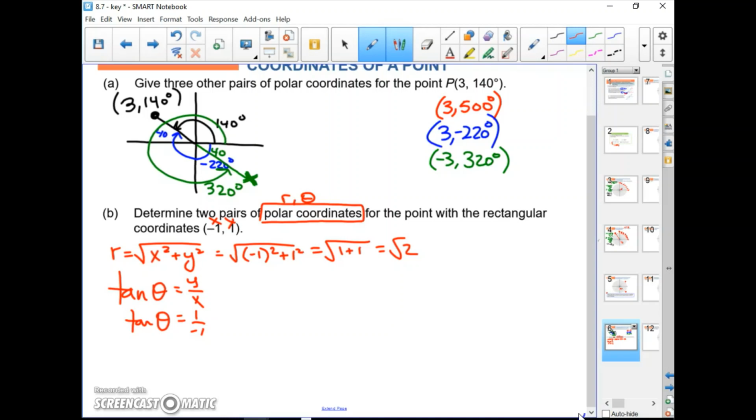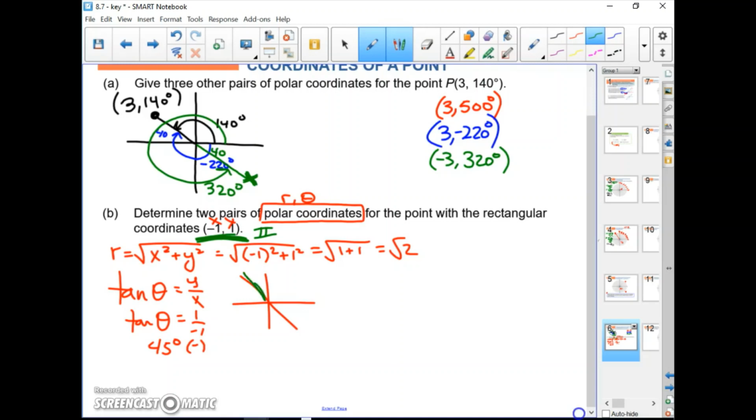Now, that's not the answer. Negative 45 is not the answer. We're talking about a 45-degree reference where tangent is negative. And so think about where that is. Tangent is negative in quadrant 2 and 4. However, we know where we are. The point is at negative 1, 1. Negative 1 comma 1 puts us in which quadrant? Left 1, up 1 puts us in the second quadrant.